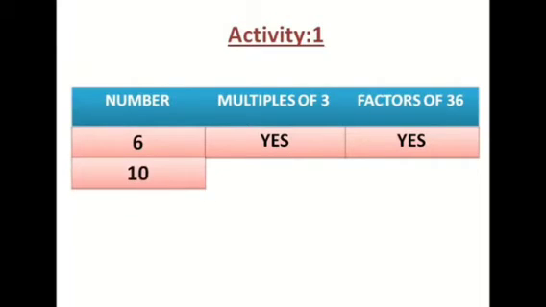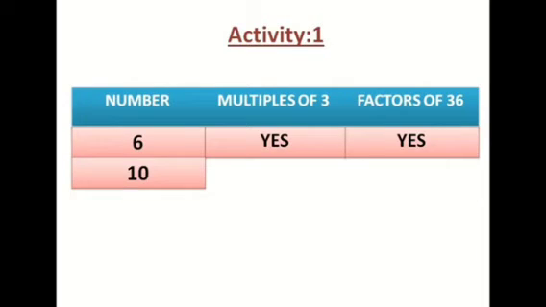Here I have given the number 10. Now check whether it's a multiple of 3 or not. If you go through the multiplication table of 3, try to get the number 10. If yes, write yes, otherwise no. I hope everybody can tell very easily: 3 3s are 9, 3 4s are 12.